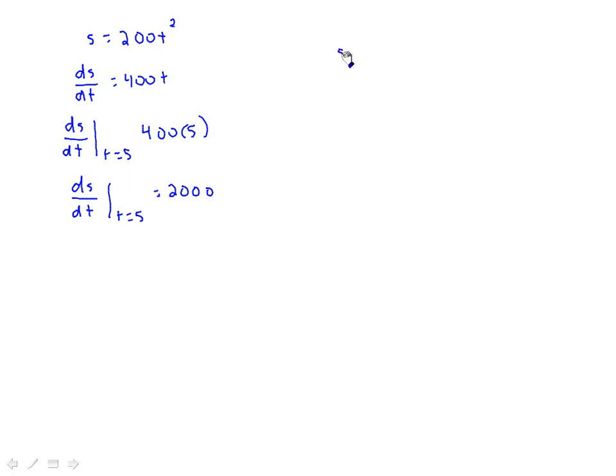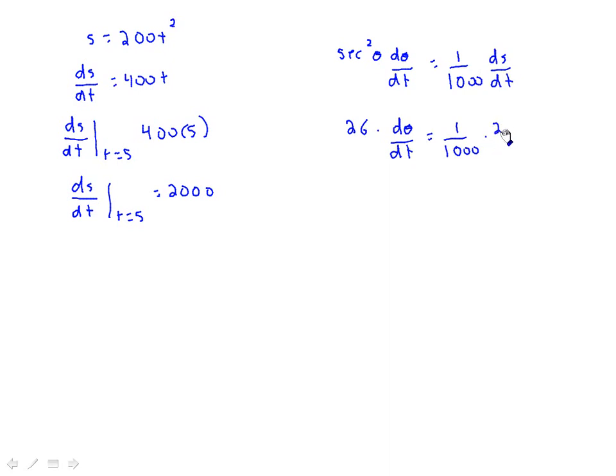And then we plug everything in. Secant squared theta d theta dt, I'll rewrite the equation, is equal to 1 over 1,000 ds dt. So 26 times our variable that we want, d theta dt, is equal to 1 over 1,000 times ds dt, which is 2,000.